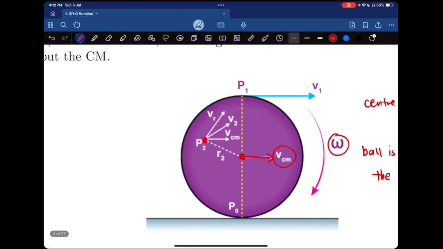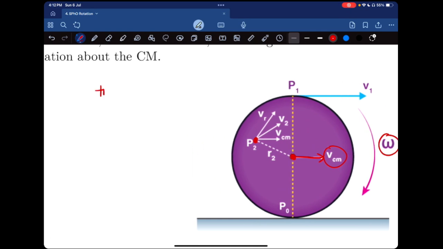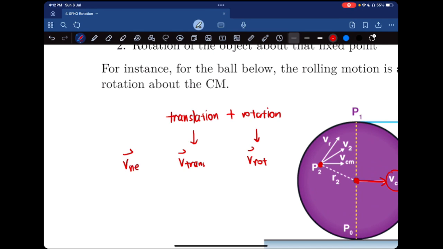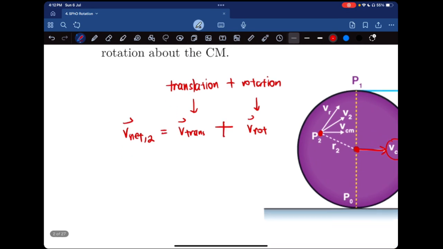And basically, because the ball's motion can be comprised of translation plus rotation, each of these will contribute some velocity, which we will call V_trans and V_rot respectively. Which means that the net velocity of the point 2 on the ball will be the sum of the translational plus rotational velocities, because each of these contributes one component of velocity.